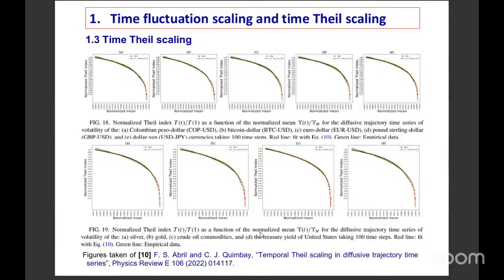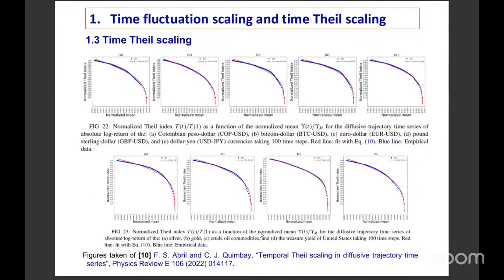And in all cases, we can see that the behavior of the empirical data is very good in relation with the fit. Here is similar for the case of the diffusive trajectory time series of volatility for silver, gold, crude and commodities, and the treasury yield of the United States, taking 100 time steps.